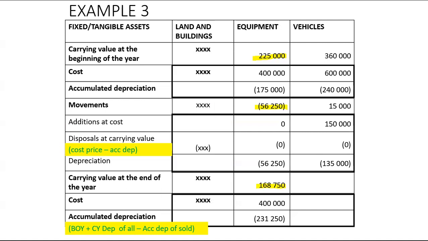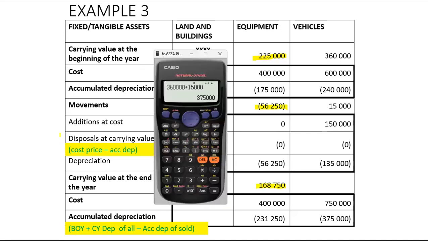Cost at the end of the year, however, of equipment will be the 600,000 plus 150,000, which will be 750,000, minus accumulated depreciation at the end of the year, which was 240,000 plus 135,000. It should give you 375,000. I just want to confirm all the time, okay?